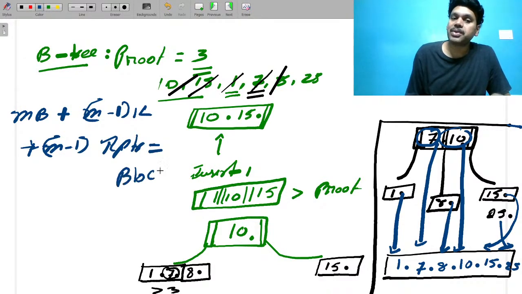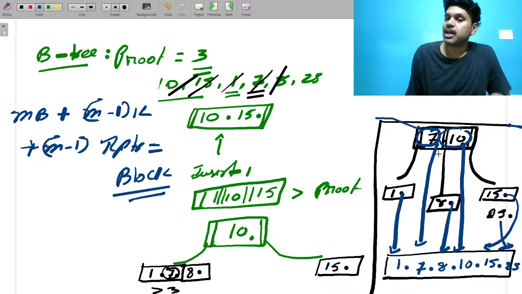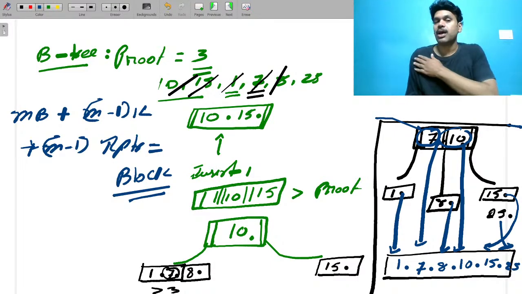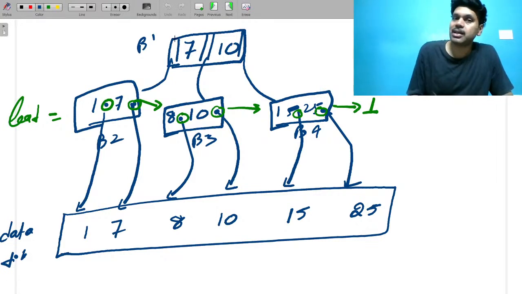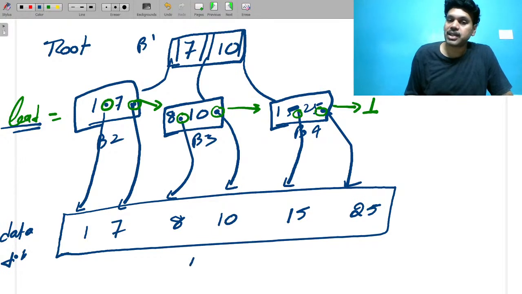All the 3 you need to insert in a block. See that? Block pointers you are having, record pointers are also there, and keys are also there. But if you look at the B plus tree architecture, see the beauty of this. Your root node is different from your leaf node. Please observe carefully.